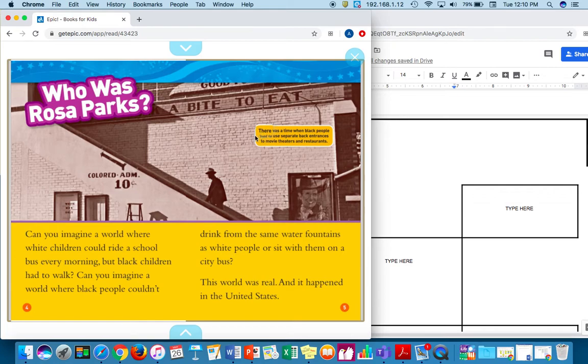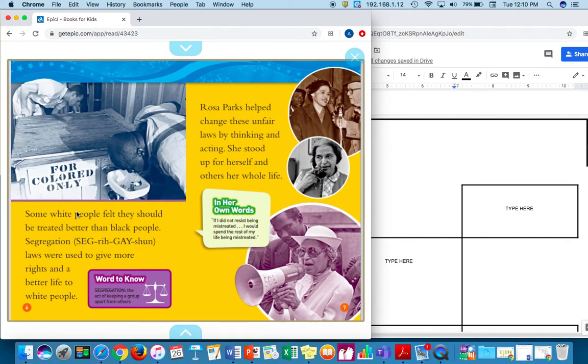And here you can see there was a time when black people had to use separate back entrances to movie theaters and restaurants. Some white people felt they should be treated better than black people. Segregation laws were used to give more rights and a better life to white people.